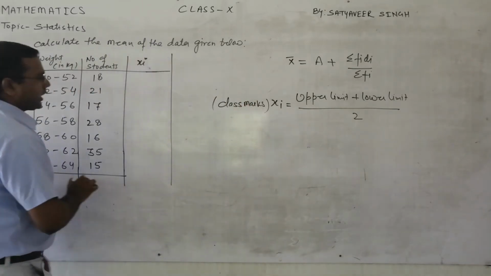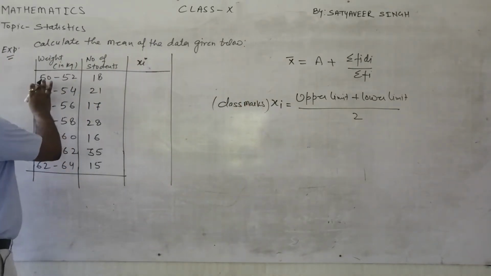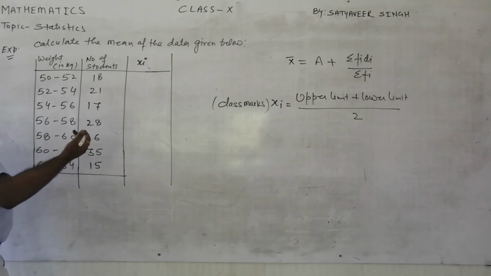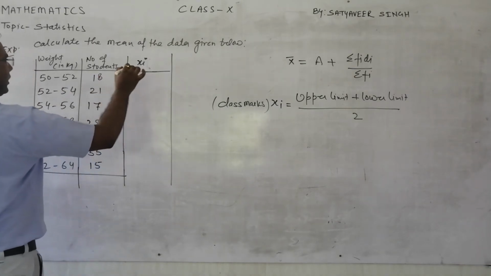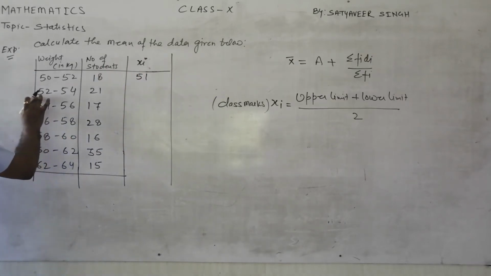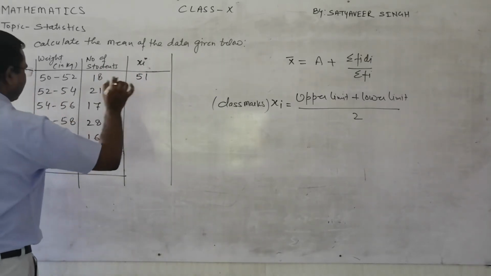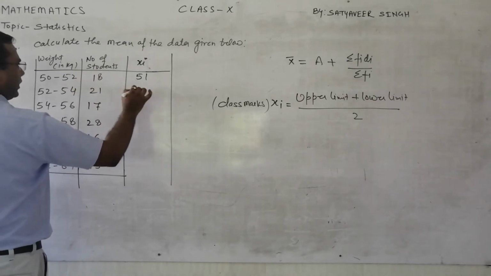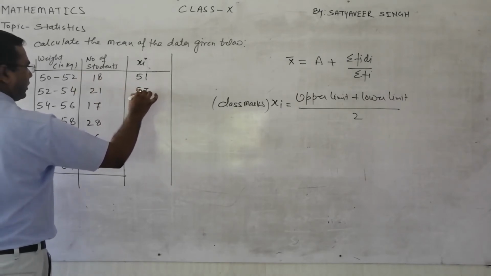So class marks we are calculating here. It is 52 plus 50 upon 2, so we get 102 by 2, which is 51, and similarly 52 plus 54, so we get 53.